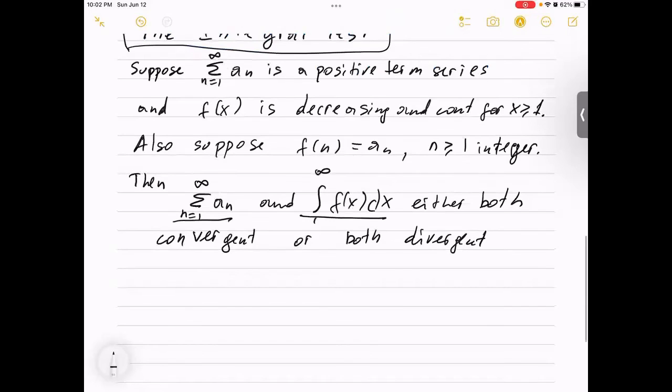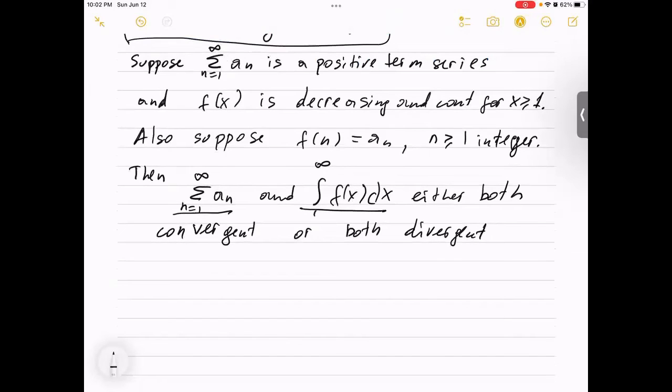So let me try to illustrate it on an example or two. Let's look at the so-called harmonic series. Okay, so we want to know if it's convergent or divergent.